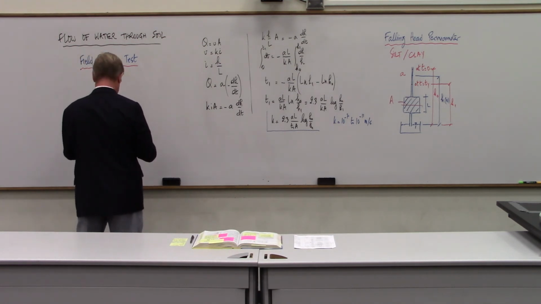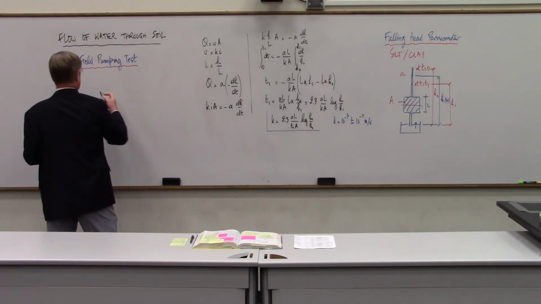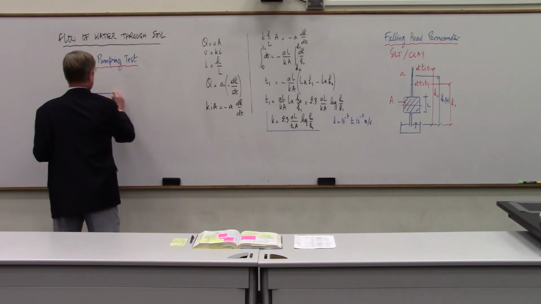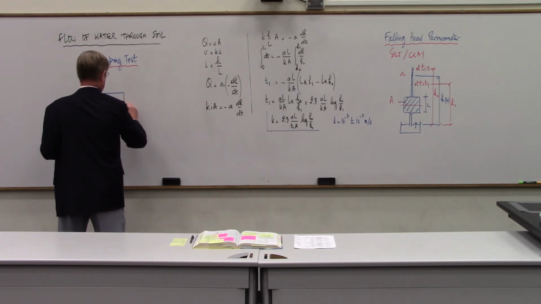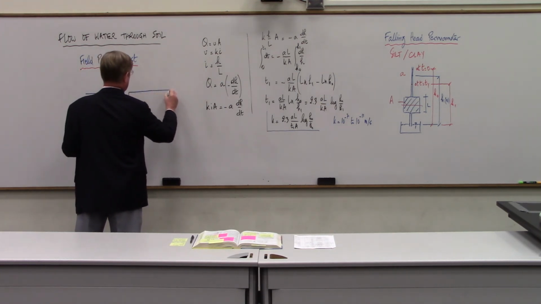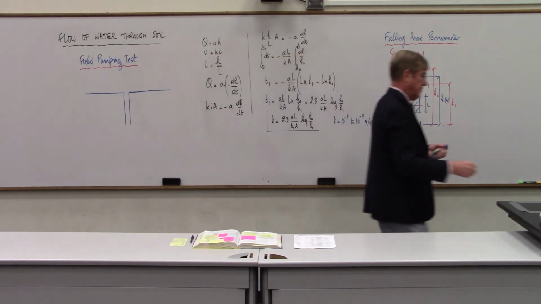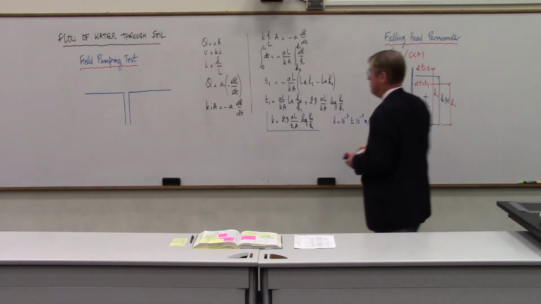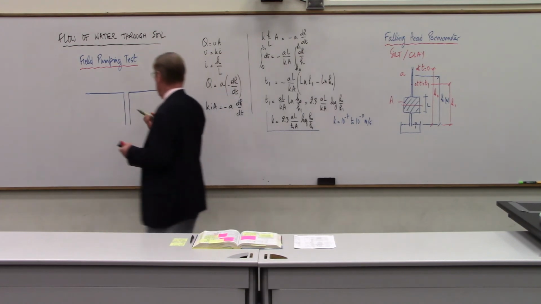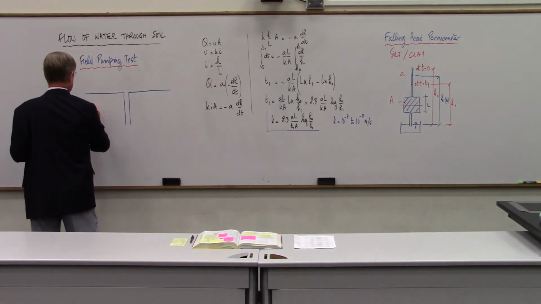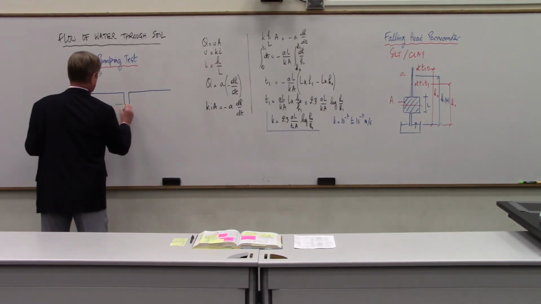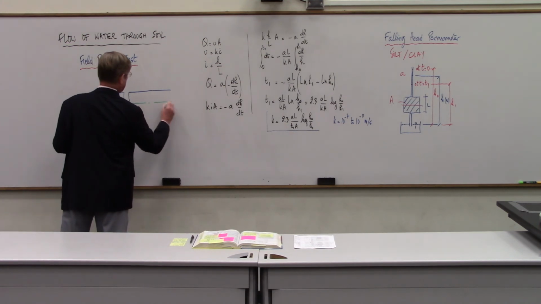So it goes like this. Here's the site. You drill a hole, and as you know, if you go to a site, you're going to find water at some level. And this is the groundwater level. So before you start pumping, you have a groundwater level.